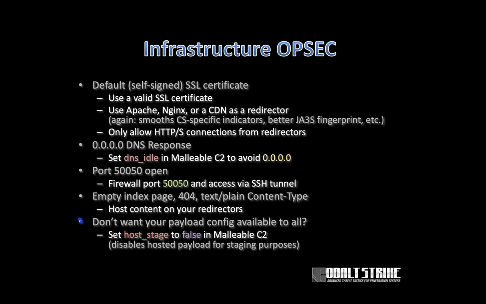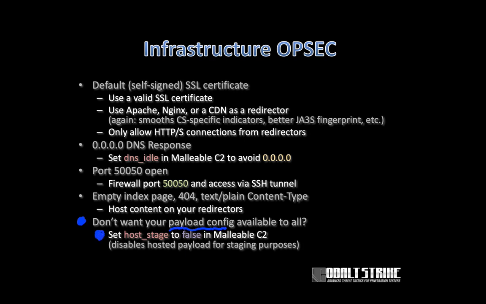My last recommendation to make your team server less interesting is to make it so that a third party cannot connect to it and request a payload. The way you do this is to disable payload staging, and you can do that in Malleable C2.